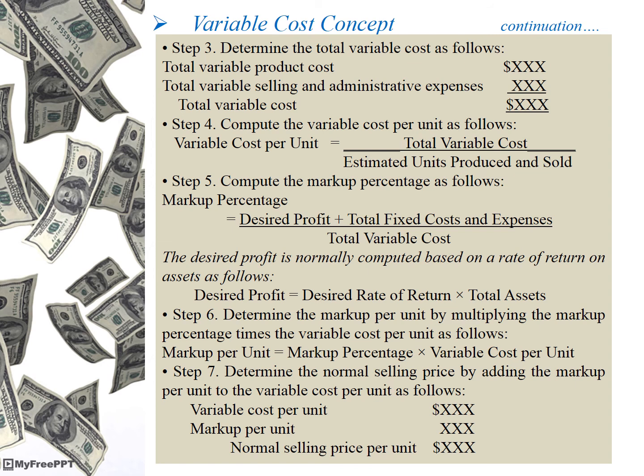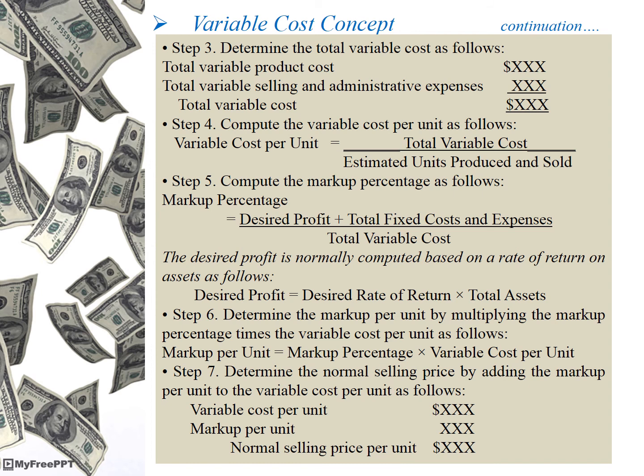Step 5. Compute the markup percentage as follows. Markup percentage is equal to desired profit plus total fixed costs and expenses divided by the total variable cost. The desired profit is normally computed based on a rate of return on assets as follows. Desired profit is equal to desired rate of return times total assets. Step 6.